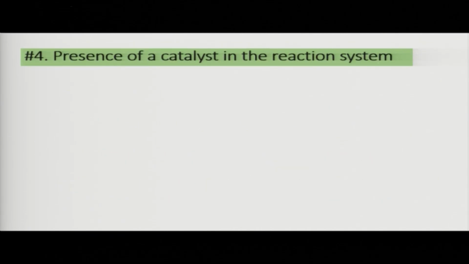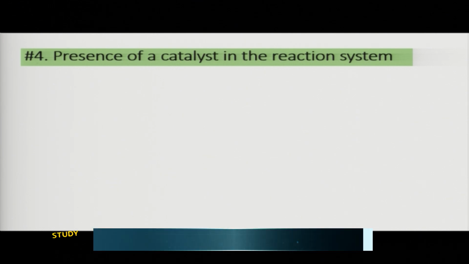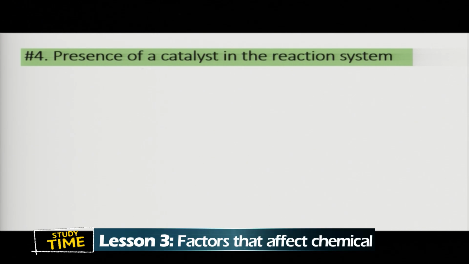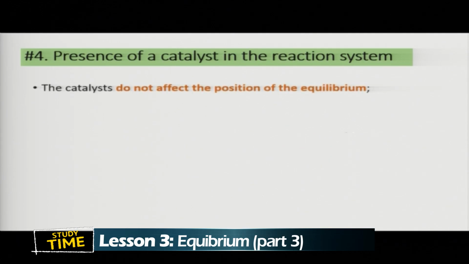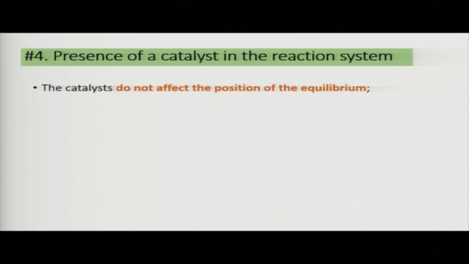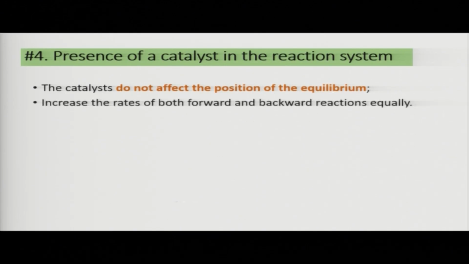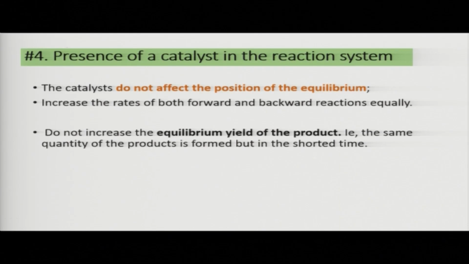So let's look at the catalyst, presence of a catalyst. How does a catalyst affect the reaction system? They do not have any effect, and the reason is that they increase both the forward and the backward reactions equally. So the amount of product being formed will be equal to the amount being converted back.